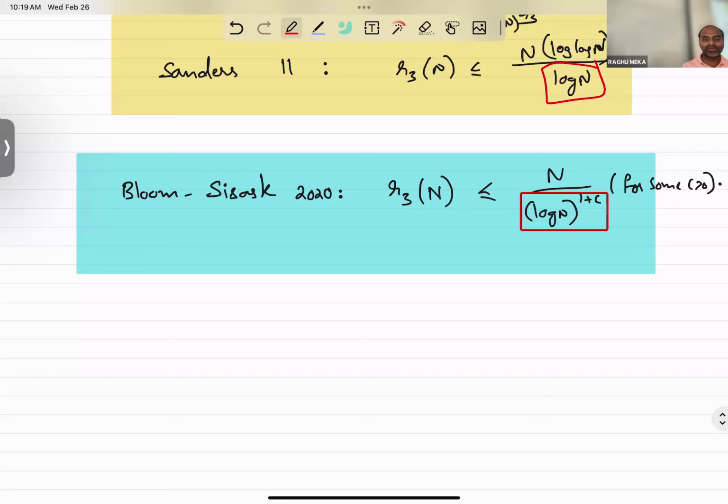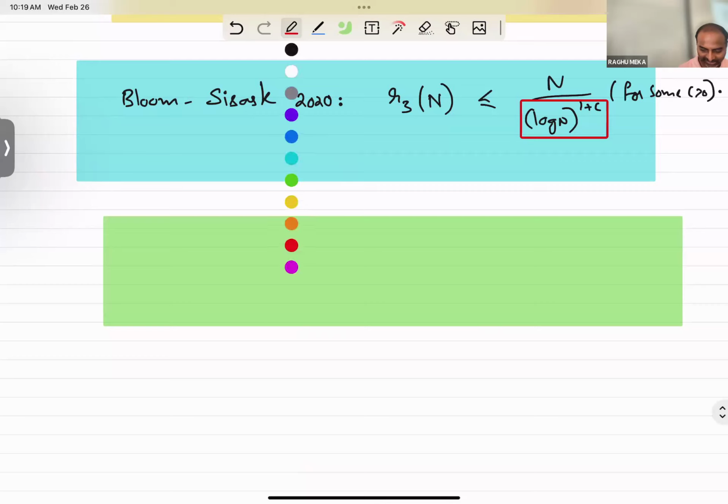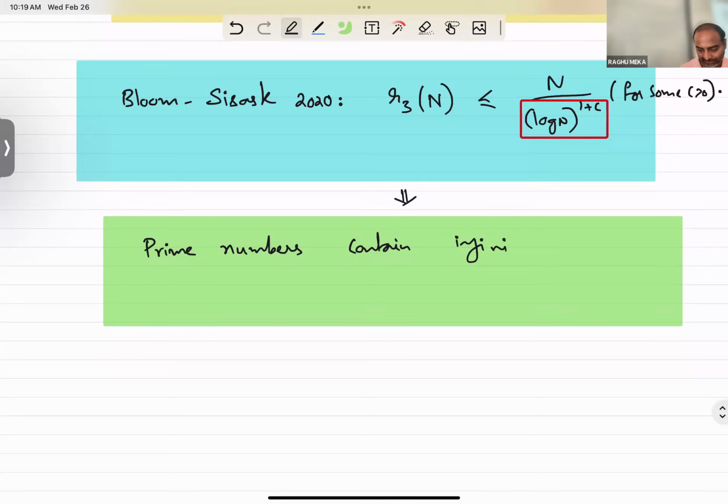One such famous example is that this immediately implies that prime numbers contain infinitely many 3-term arithmetic progressions, not because prime numbers have some special properties, they do, but just because the density is more than 1 over log n to the 1.